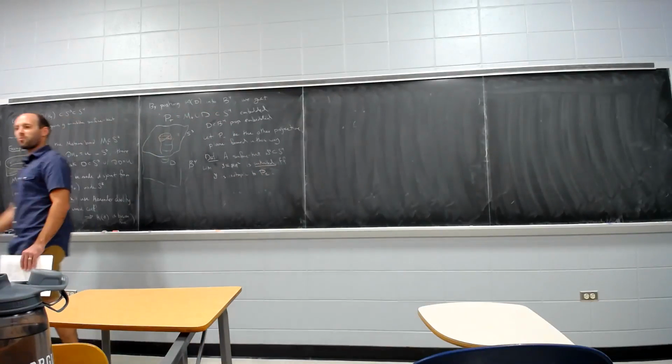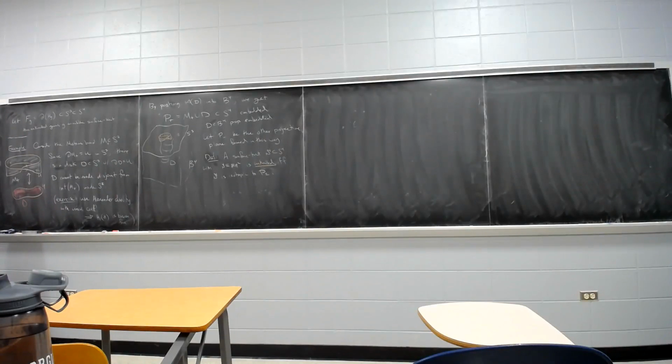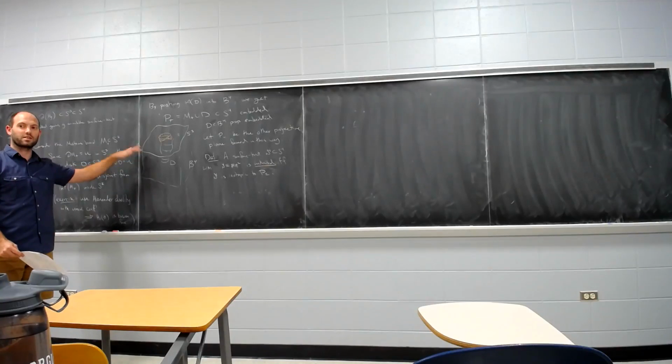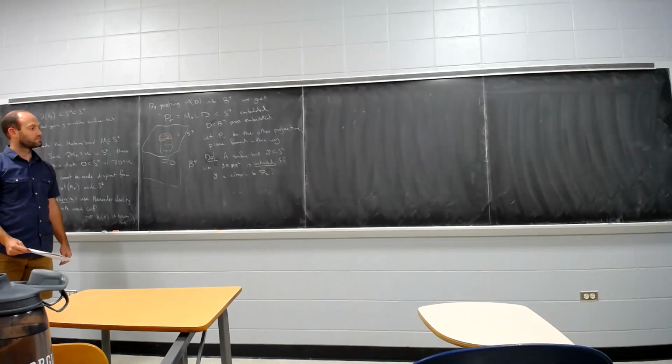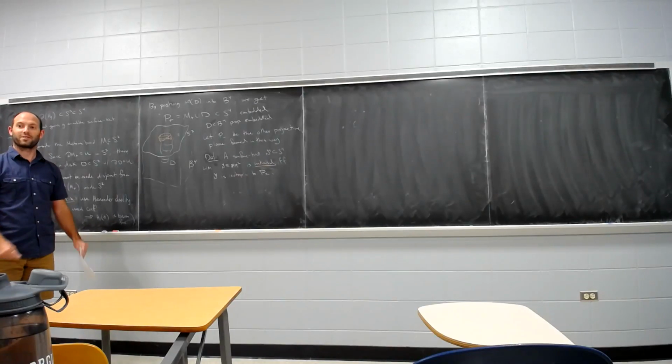This is kind of a cheap way to define what it means for a non-orientable surface to be unknotted. You just construct the simplest example you can think of and claim that it's unknotted.